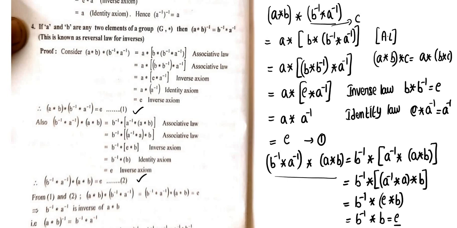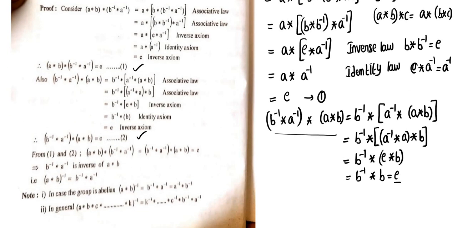So from 1 and 2, we get (a * b) * (b^-1 * a^-1) equal to (b^-1 * a^-1) * (a * b) equal to e. From this we can easily say that b^-1 * a^-1 is the inverse of a * b. This can be written as (a * b)^-1 = b^-1 * a^-1.